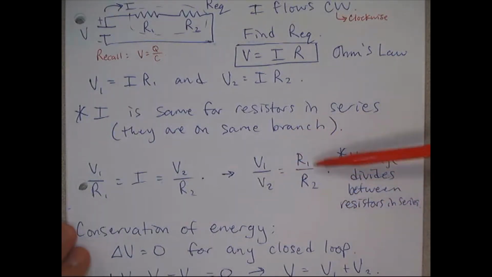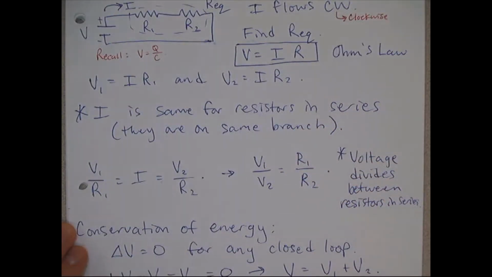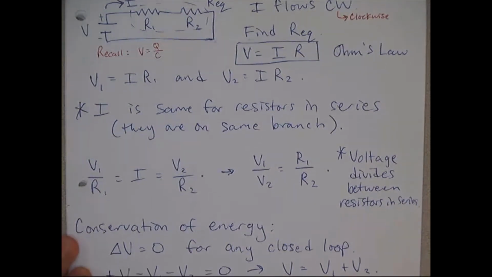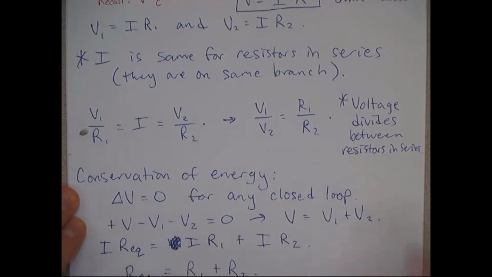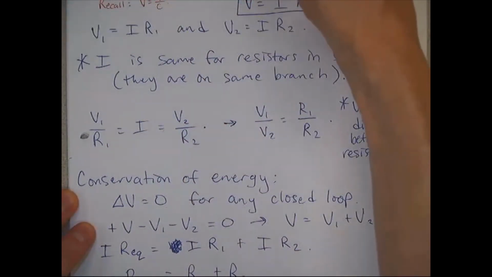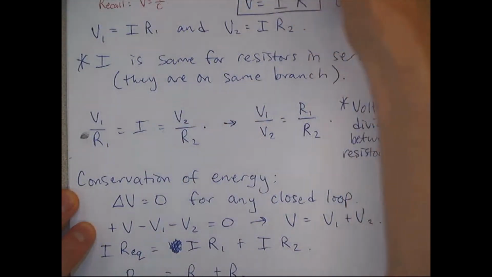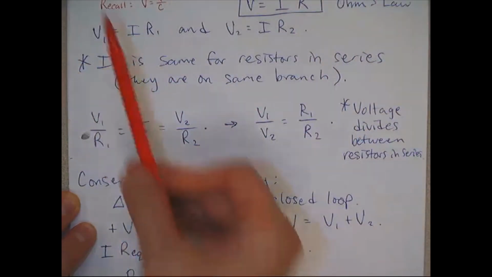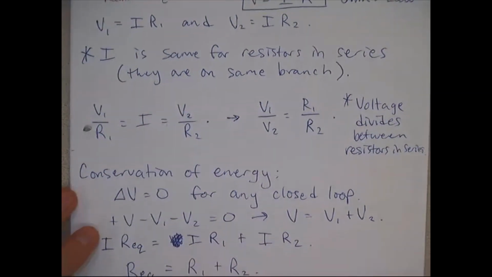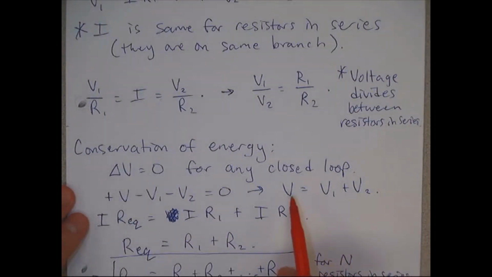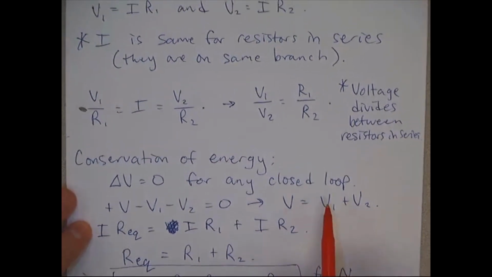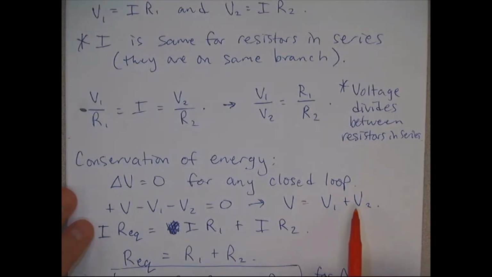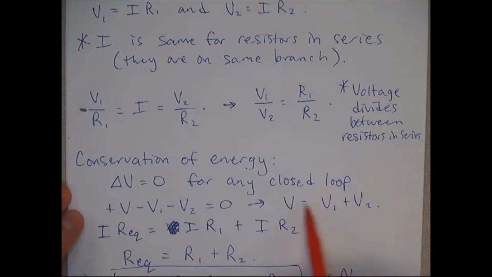Here the voltage ratio is the resistance ratio, and we have to apply the idea of conservation of energy so that the voltage drop around your loop must be zero if you return to the same point in your circuit. This demands that the voltage drop across resistor 1 plus voltage drop across resistor 2 equals the battery voltage.